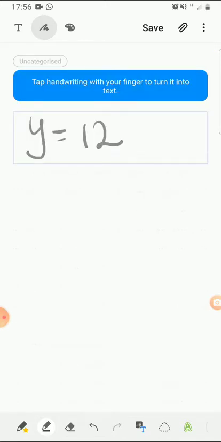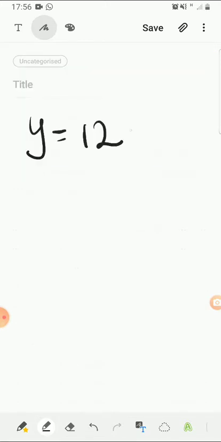So remember, there is no x with this y, so we're just working with 12 alone. Now remember, the derivative of any constant, meaning any number without a variable like x, is always 0. So derivative of 100 is 0. Derivative of any constant at all is 0.